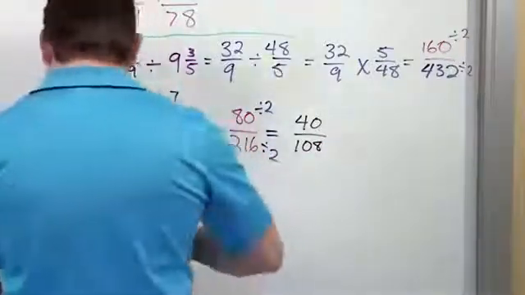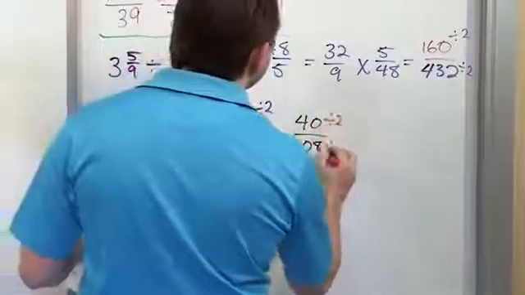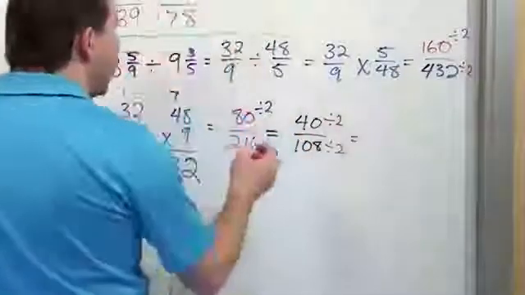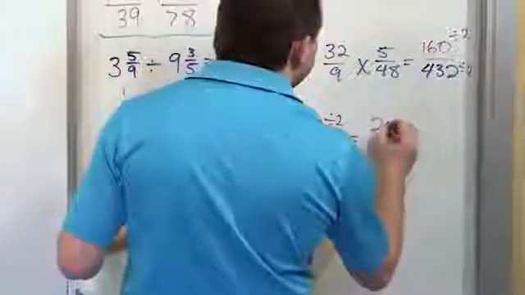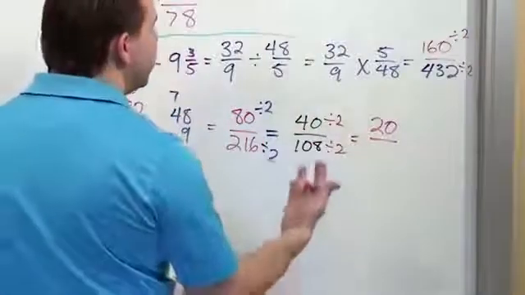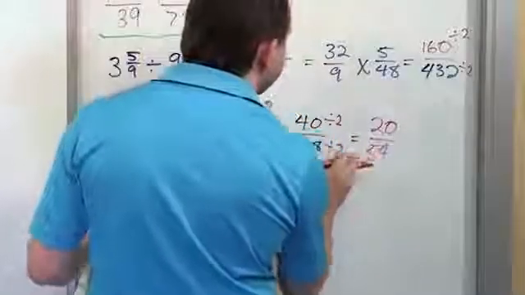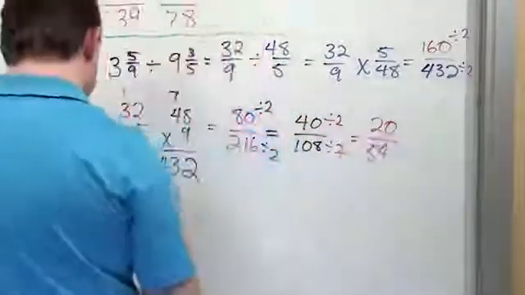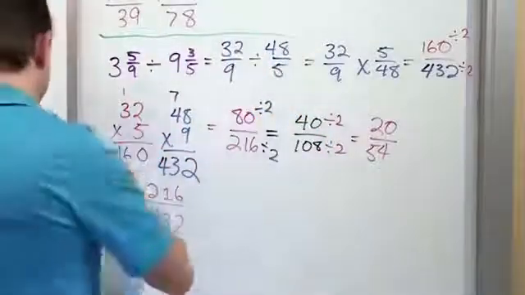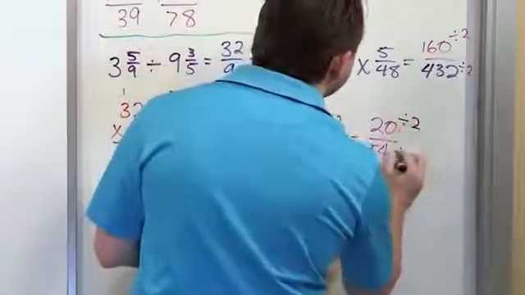But again, I notice that I can divide top and bottom by 2 again. 40 divided by 2 is 20, and 108 divided by 2, see, 100 divided by 2 would be 50. So 108 divided by 2 would be 54, because the 8 divided by 2 is going to give you 4. So you get 20 over 54, and yet again, you notice this is still an even number, so I can keep doing this again and again.